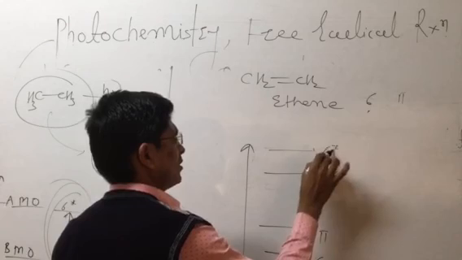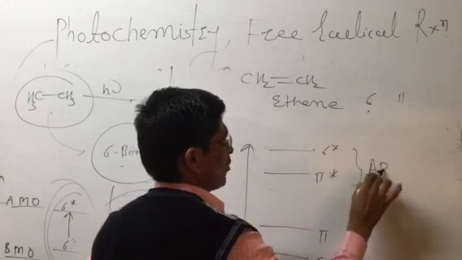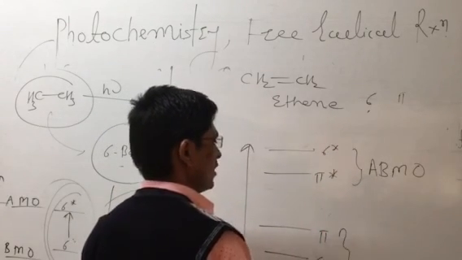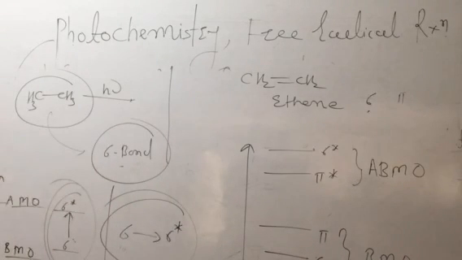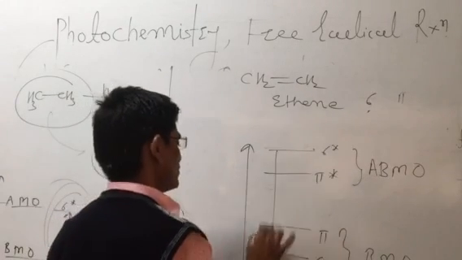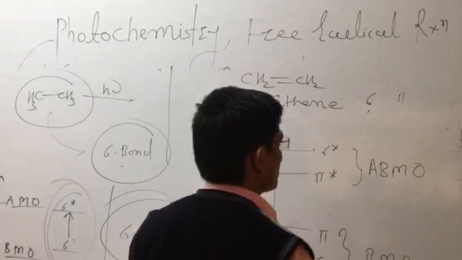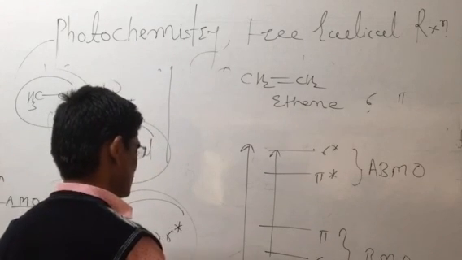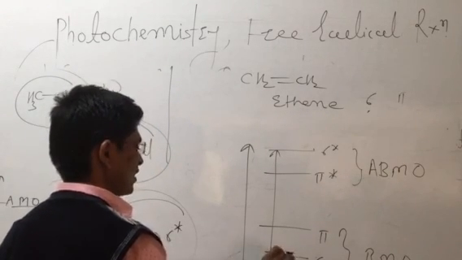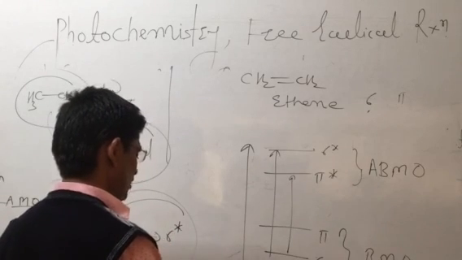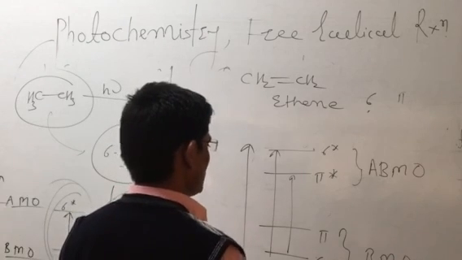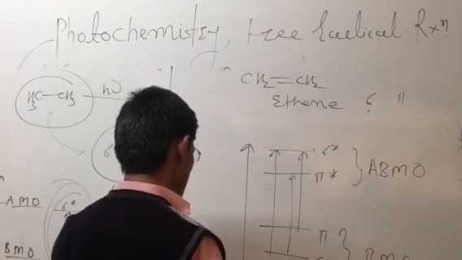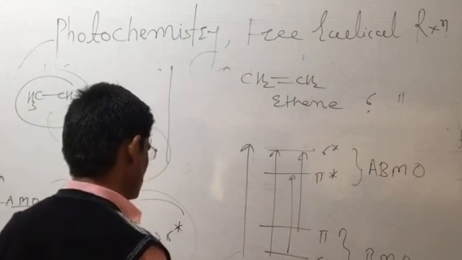This is the anti-bonding molecular orbital, and this is a bonding molecular orbital. So how does the electronic excitation take place in the given molecule ethene? Sigma to sigma star, as you can write. Here the electronic excitation takes place sigma to sigma star, again what? Sigma to pi star. Here the electronic excitation again takes place pi to sigma star. I am writing here pi to sigma star.